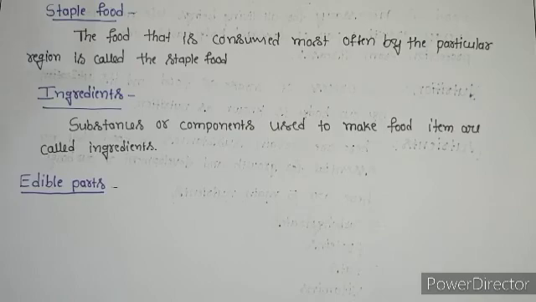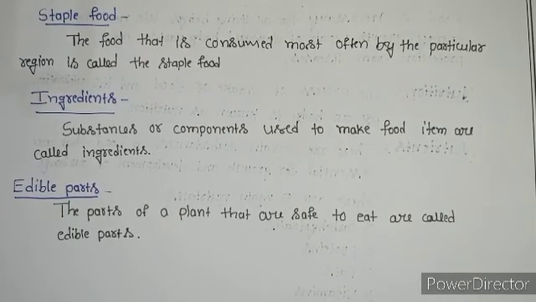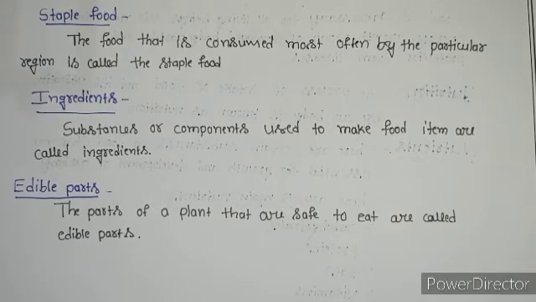Students, next we are going to know about edible parts. As we all know, plants are the major source of food for animals, including human beings also. Plants make their own food because plants are called producers, right? Plants can prepare their food using carbon dioxide, water, and sunlight. That we discussed in the previous class.